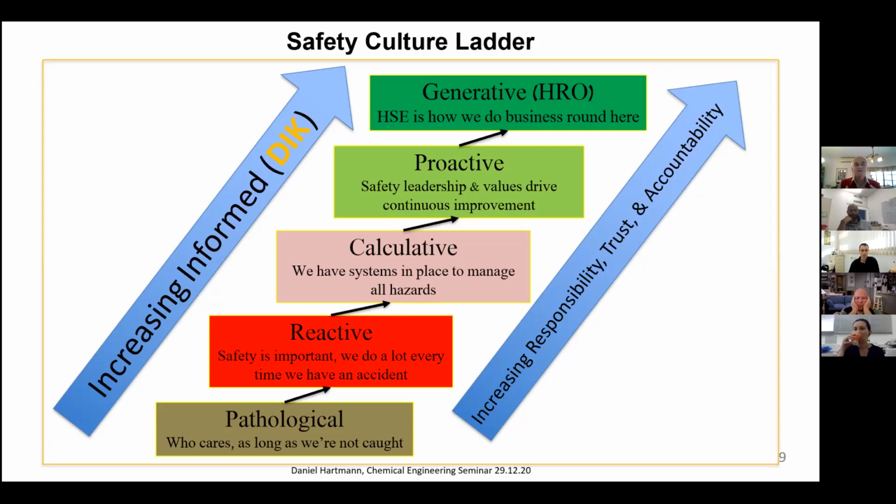I have here in the presentation many slides that only one slide could be followed by a lecture. So, safety culture: you see the lowest level are organizations or countries that are pathological. They don't care about safety.